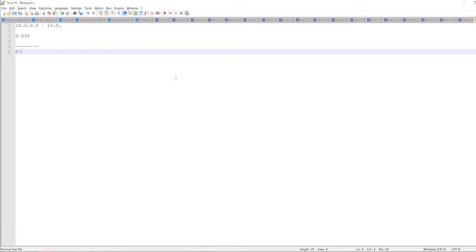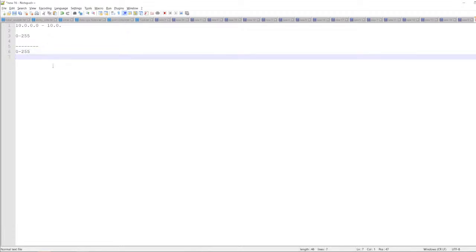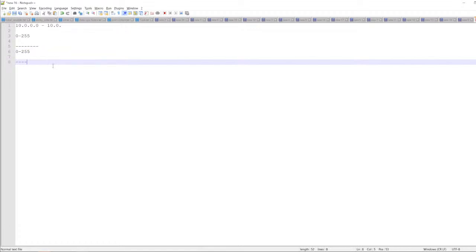So starting with 0, it can go to 255. So in IPv4, how many bits do we have? Each segment or component can go from 0 to 255.